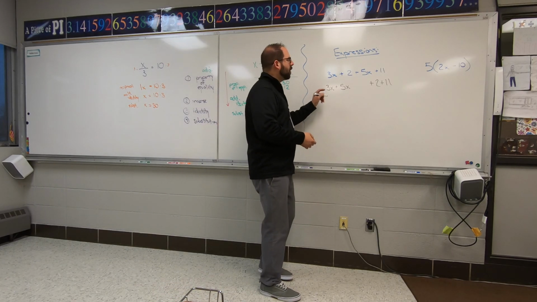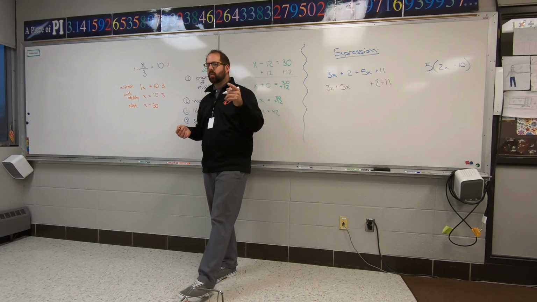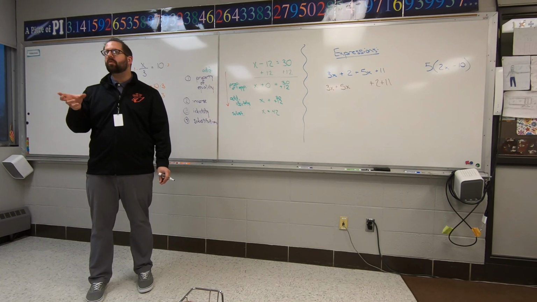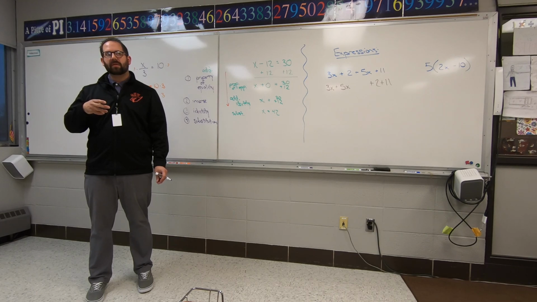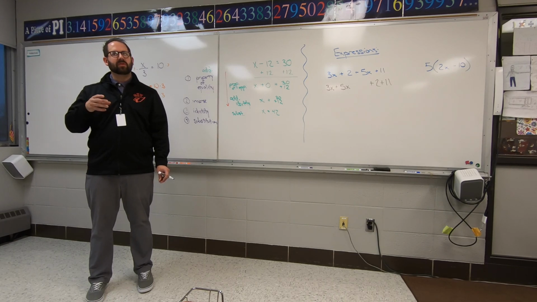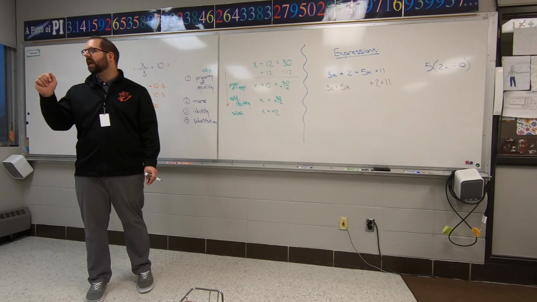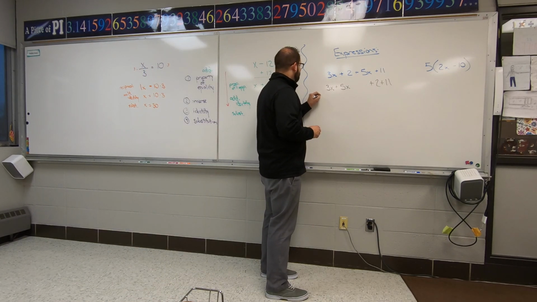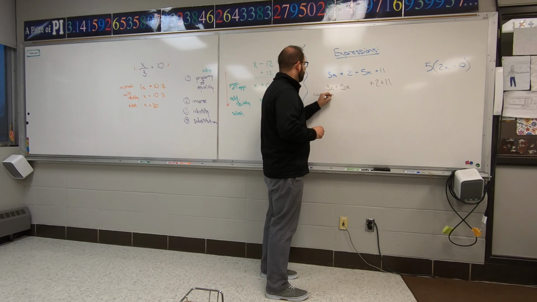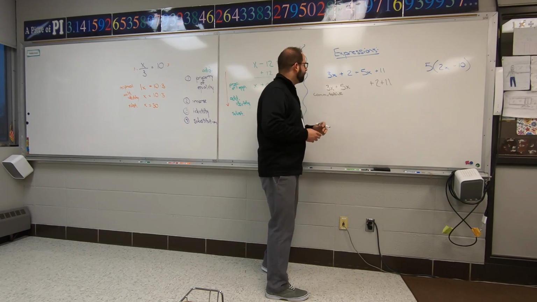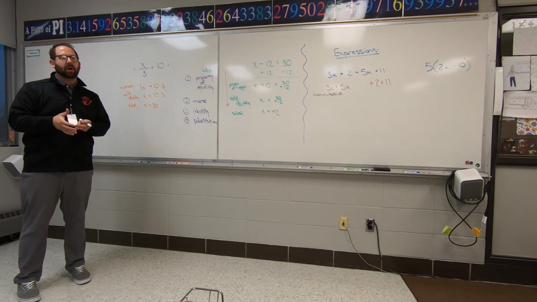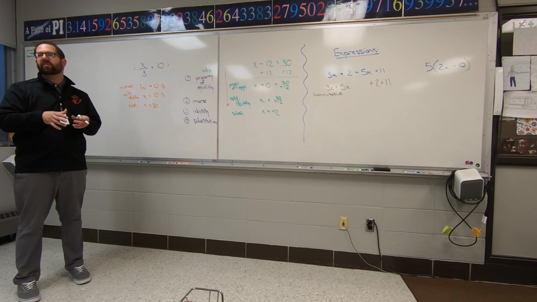That simple fact where I move stuff is one of your properties. What property did I say the other day that you have to group and move? It was one of the hints I gave you. To group and move. Commutative, yeah, you commute. This is the commutative step. The commutative property is where you group and move. If you commute to work, you group up with your coworkers, you get in one vehicle and you move.